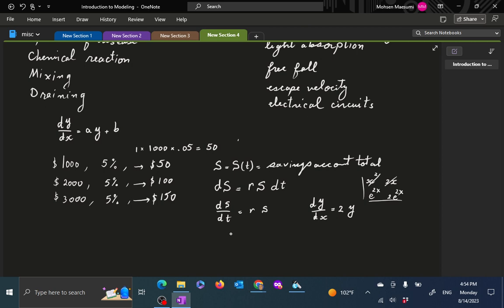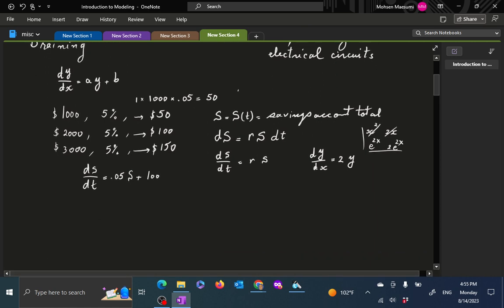So if I had something like that, I would have ds dt equals, if my rate of interest was 5%, 0.05s. And then if per unit of time I am adding an extra, say, $100 to my account, that's going to be the differential equation that reflects my interest rate and my deposit per unit of time.